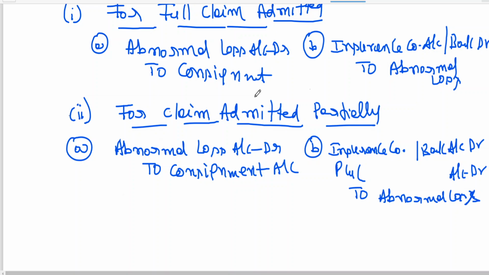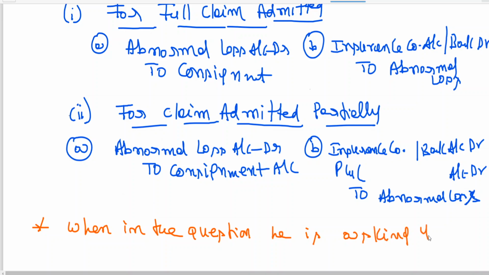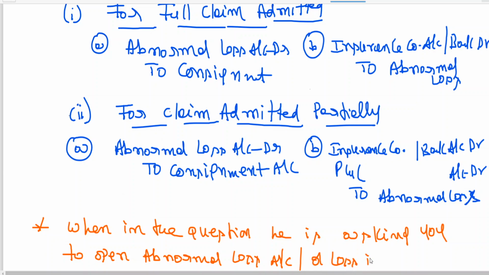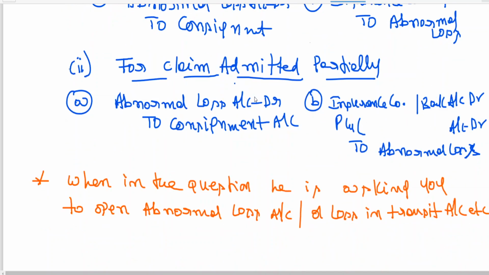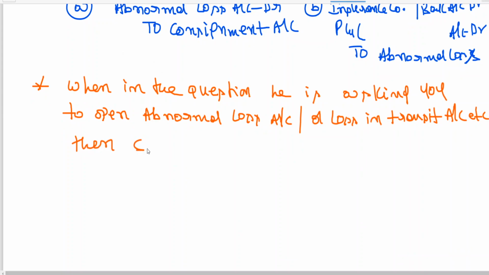So please remember, here I am writing a note. When the question is asking you to open abnormal loss account, or it is also called loss in transit account, etc., then the second alternative is a must.